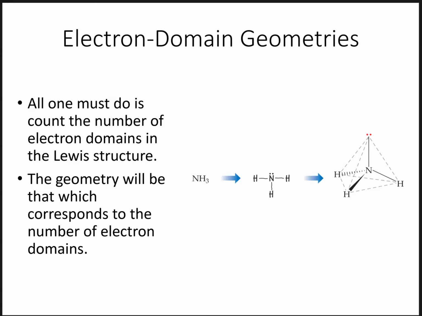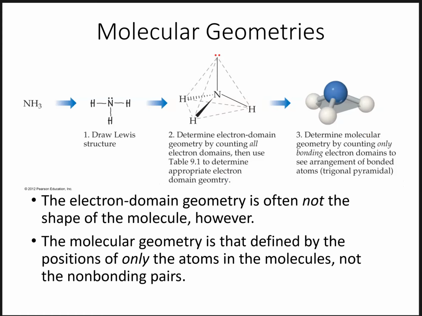That will dictate the electron domain geometry. However, the actual geometry of the molecule is based off of the electron domain, but it has a much more specific title to describe just exactly how many areas have bonds and lone pairs in it.